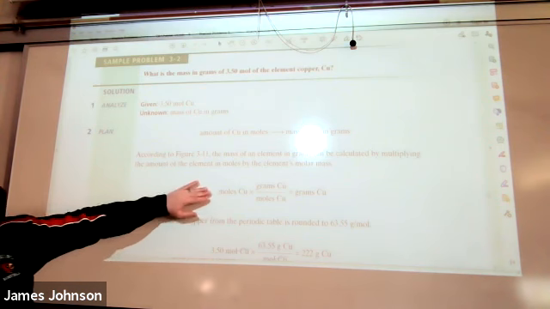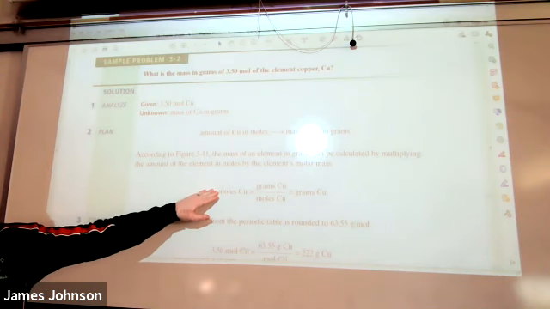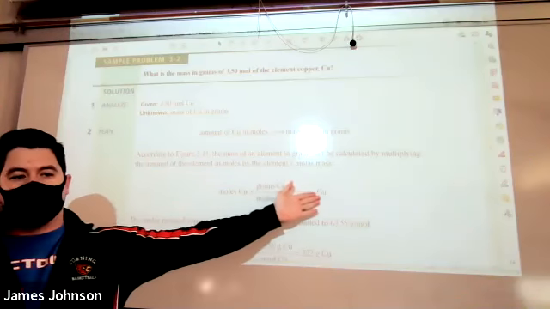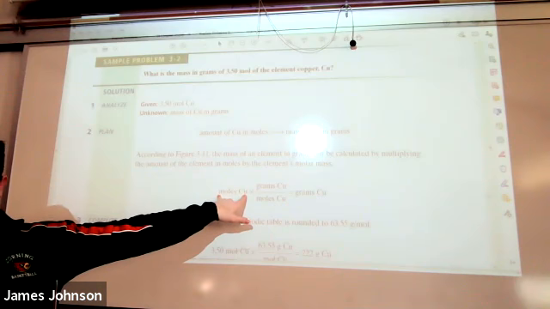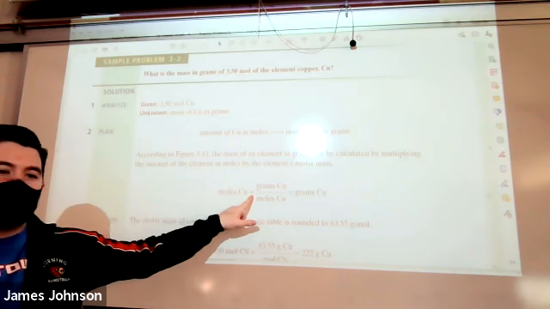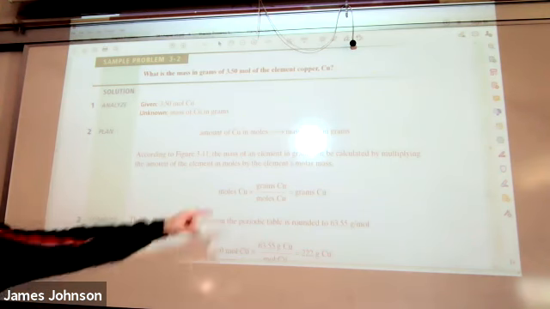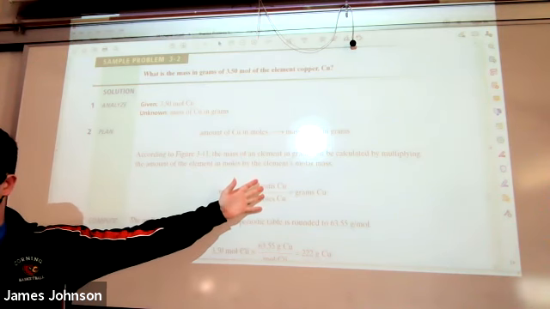What I want to do here before we look at numbers at all is this kind of concept progression. Notice on the left, the term that we're starting with is moles of copper. We're going to multiply it by a fraction, with a numerator and a denominator.